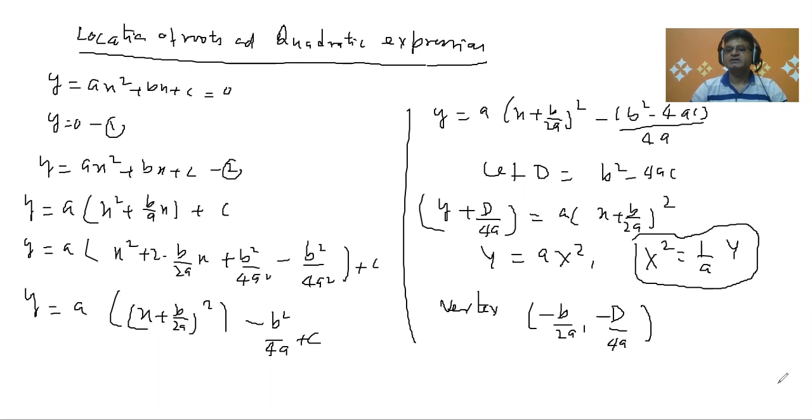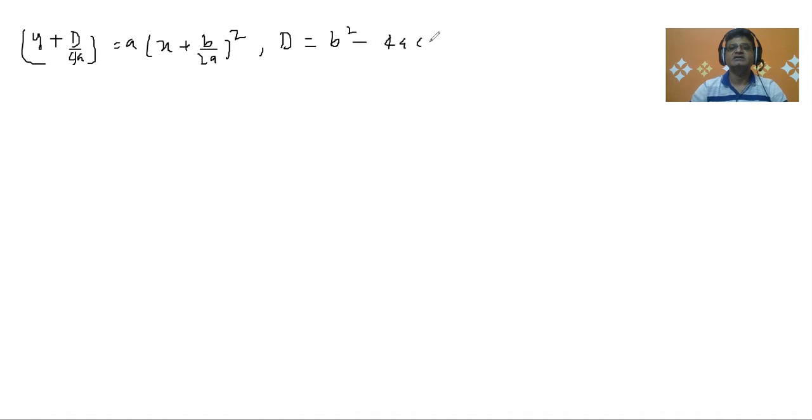So now in this case we are discussing, suppose y plus d upon 4a is a times x plus b upon 2a whole square, and d is b square minus 4ac, and the vertex is minus b upon 2a, minus d upon 4a.